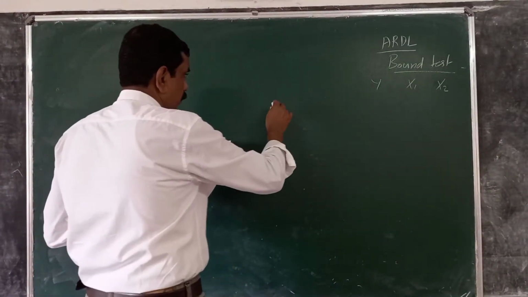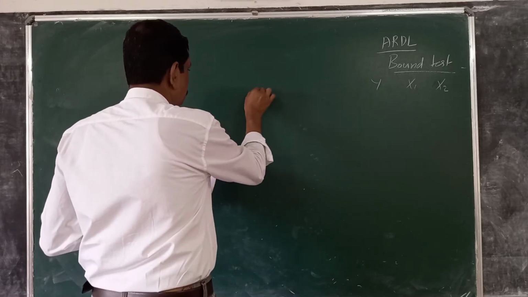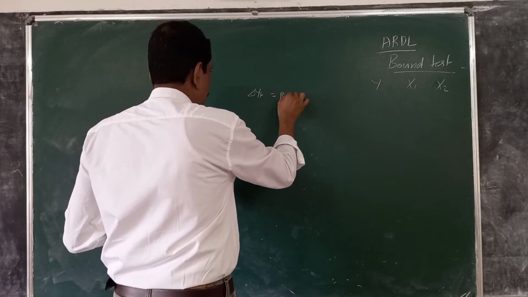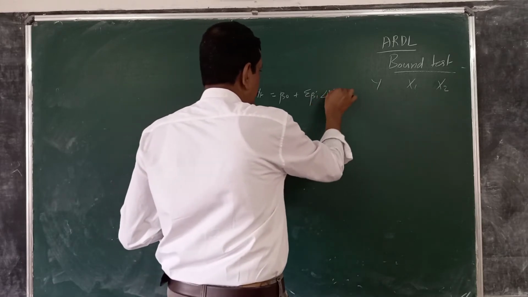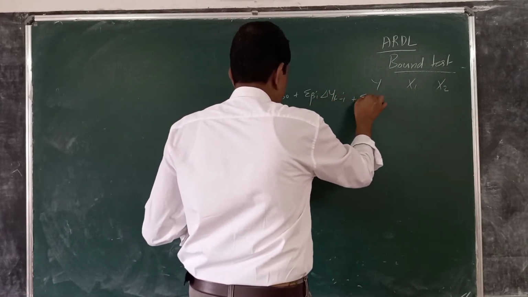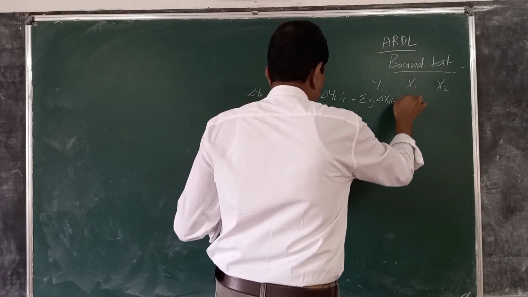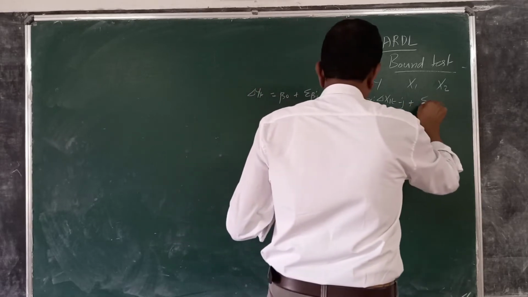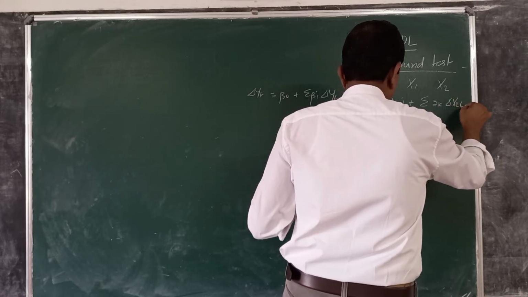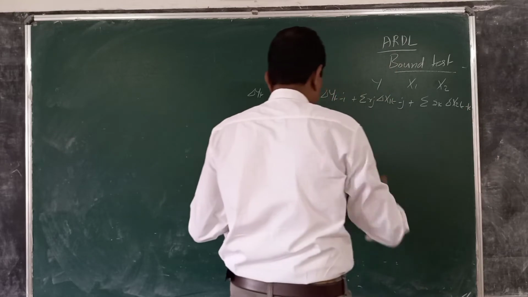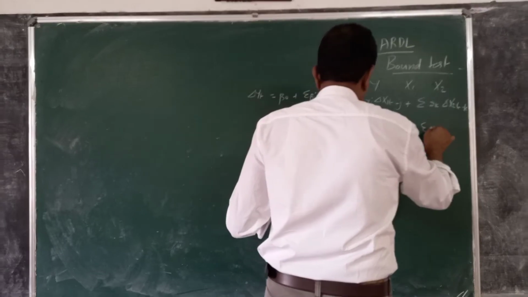A conventional ECM for co-integrated data is delta yt equal to beta 0 plus sigma beta i delta yt minus i plus sigma gamma j delta x1 t minus j plus sigma theta k delta x2 t minus k plus phi z t minus 1 plus epsilon.